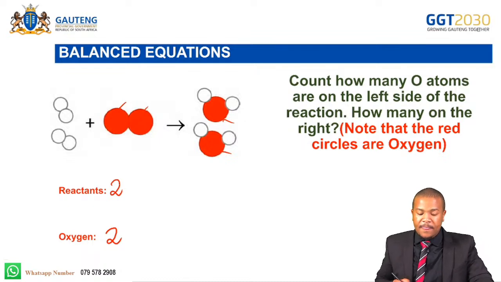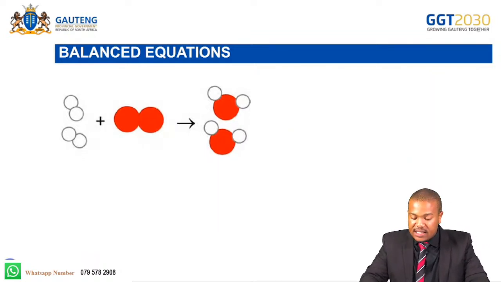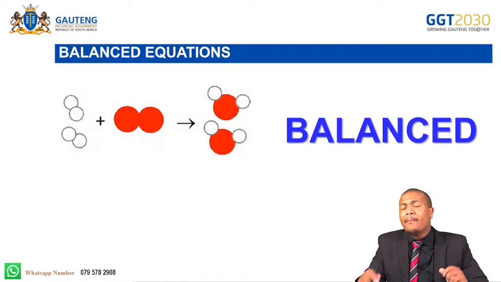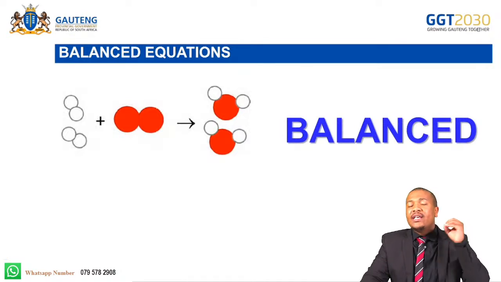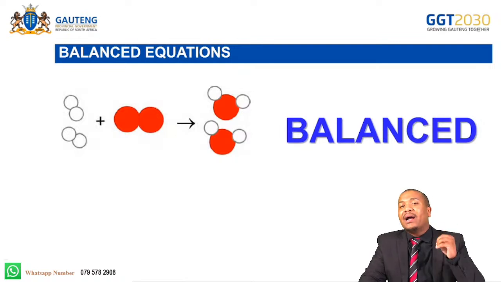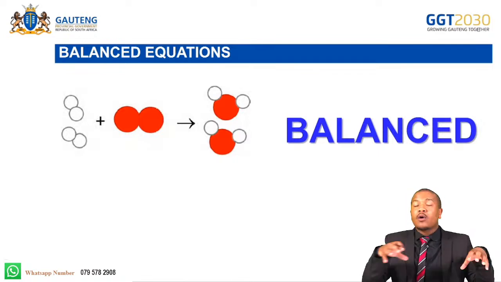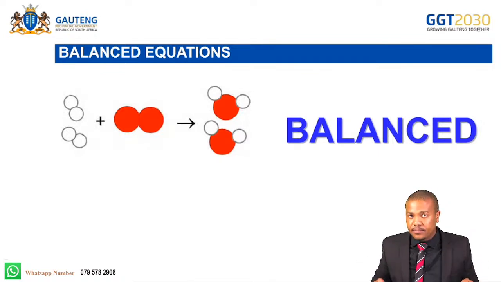Are we together? So we therefore say that this whole equation is balanced. I'm repeating what I said: an equation is balanced when it has the same type and number of atoms on the reactant side as on the product side.